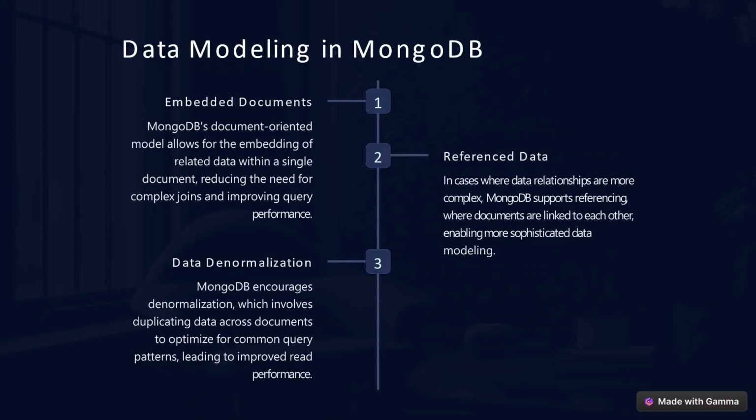Embedded documents. MongoDB's document-oriented model allows for the embedding of related data within a single document, reducing the need for complex joins. In cases where the data relations are more complex, MongoDB supports referencing, where documents are linked to each other, enabling more sophisticated data modeling.